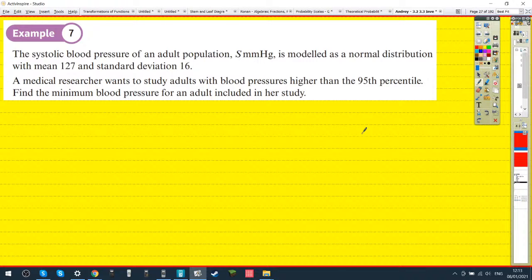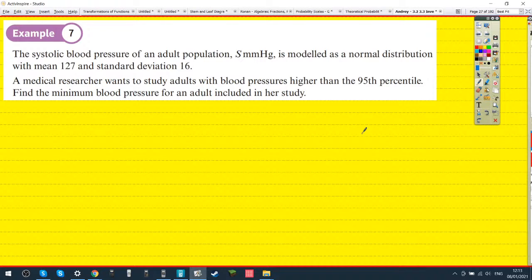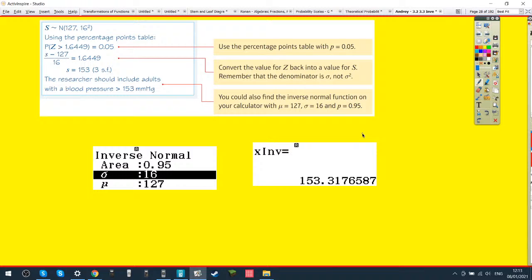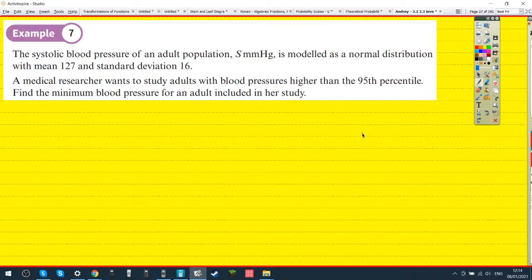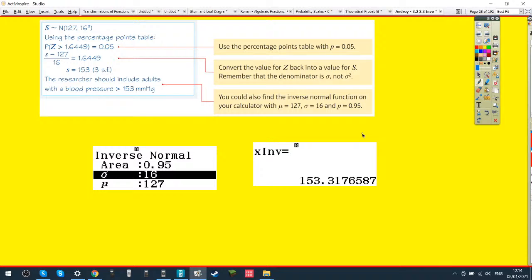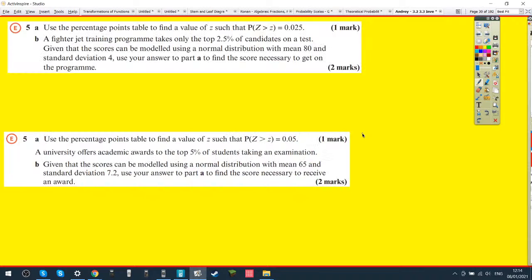Okay, so hang on, this strikes me as something else. It strikes me as kind of inverse normal. Maybe that's in the wrong place, is it?